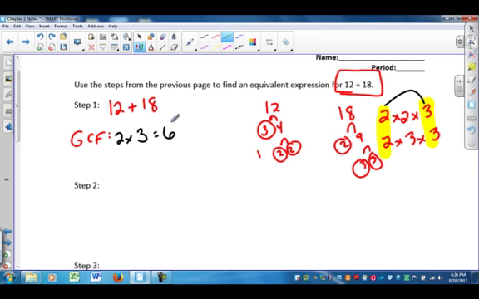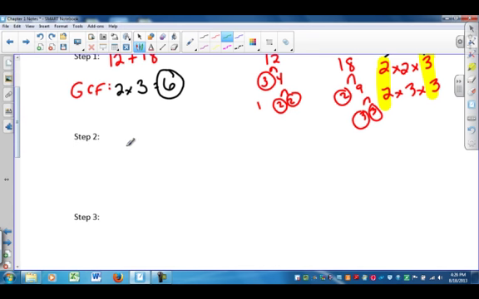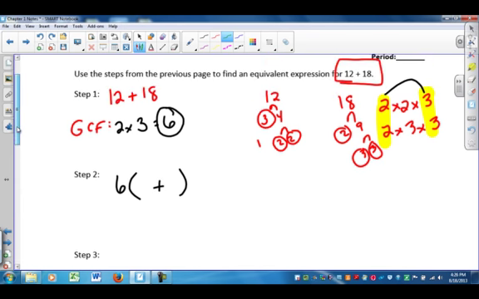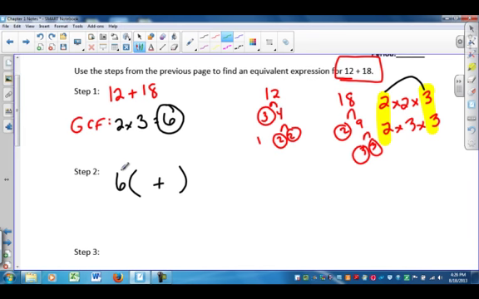Okay, that's my GCF. Now for step 2, my GCF is always going to be on the outside of the parentheses. So what I'm trying to see is, what would I multiply 6 by to get me to 12? Remember what I showed you going back here?